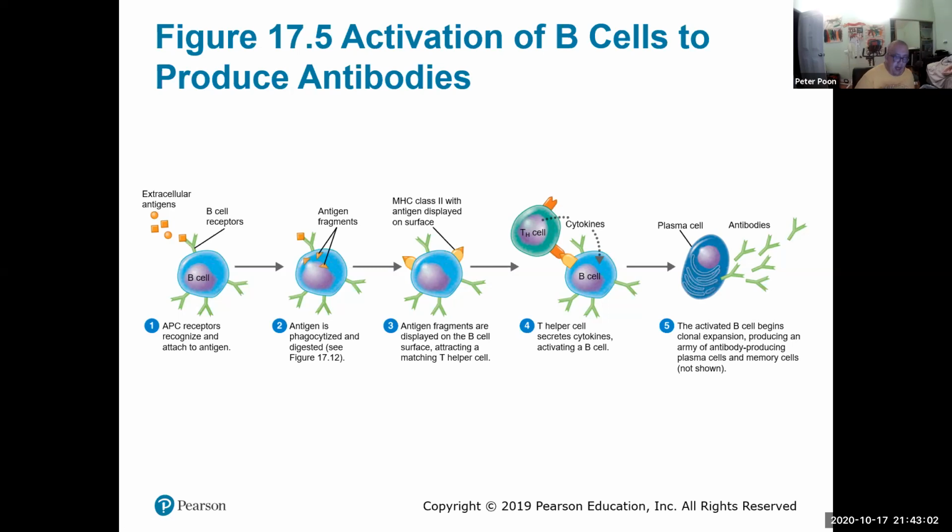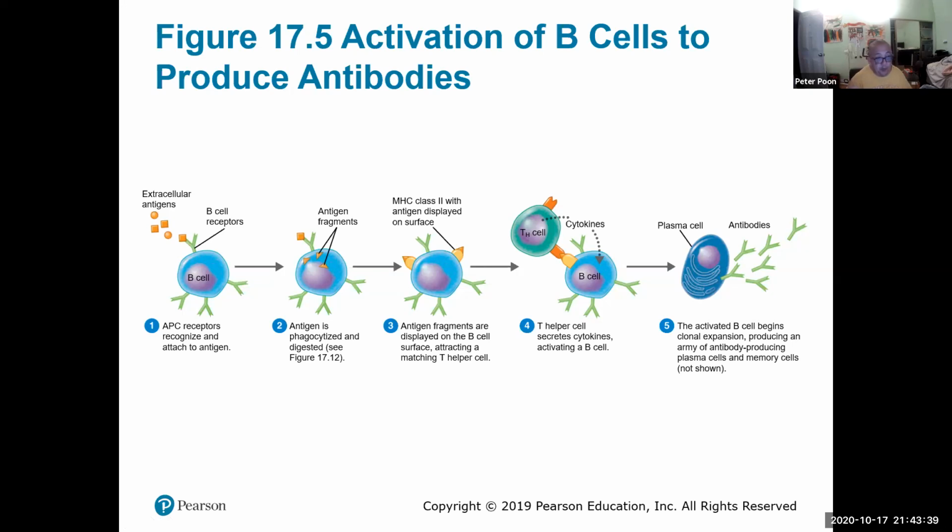It'll be like, okay, I bound to something that's foreign. I need to know how to kill this. So I'm gonna take it in, chop it up into little bits, and display all the little bits on my surface. Now T helper cells come along and check. So this is MHC class 2. The T helper cell will check out the MHC class 2 and go, oh, okay, now I have a job to do.